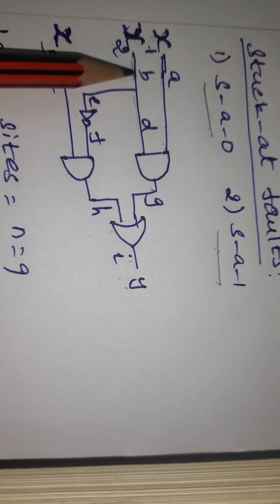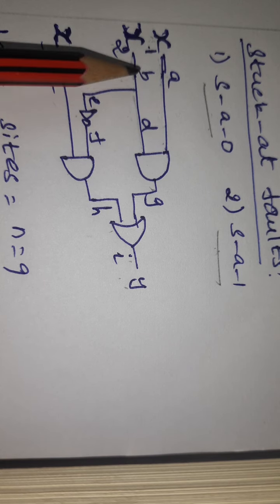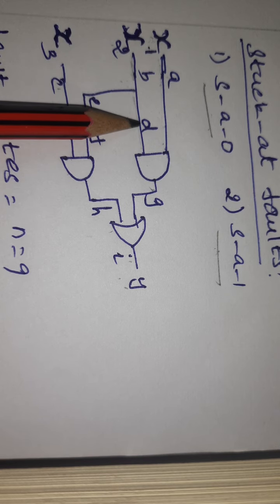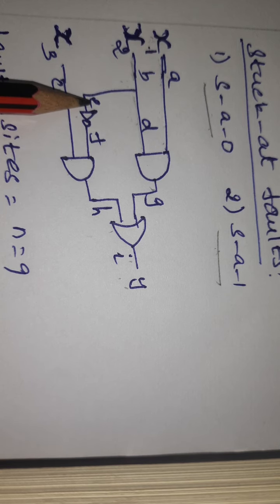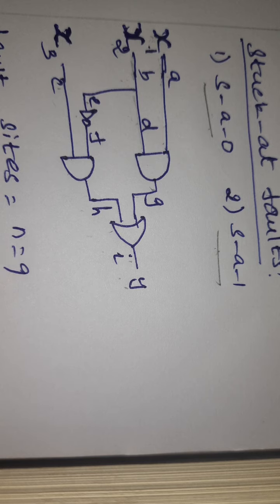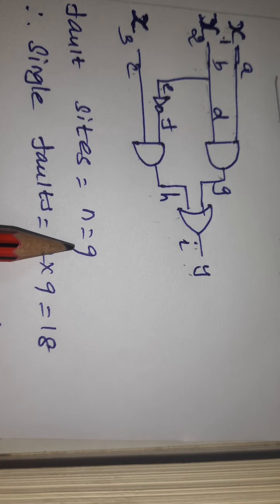Like this, we calculate how many fault sites are present in this circuit. That means A, B, C, then this point is named as C, D, then this point is named as E, F, G, H, I. Totally it has 9 fault sites possible to occur.